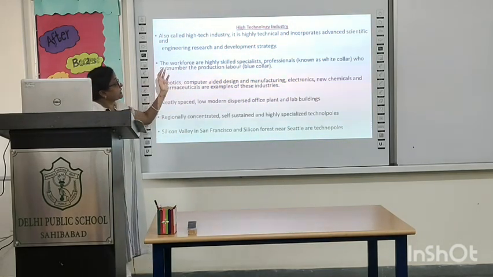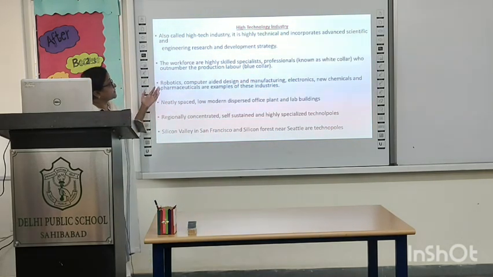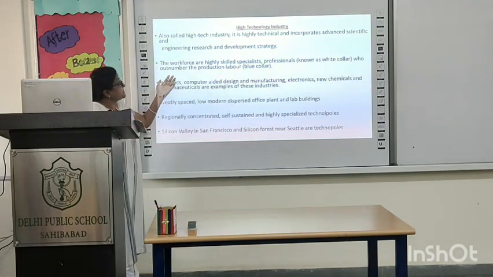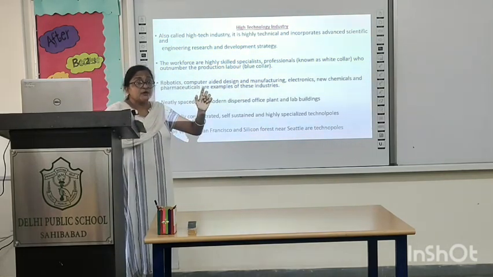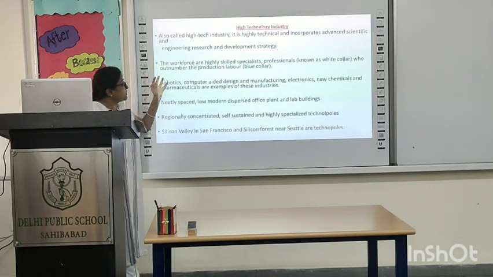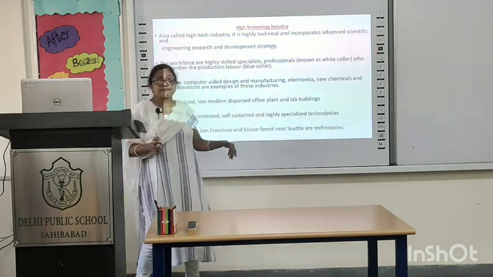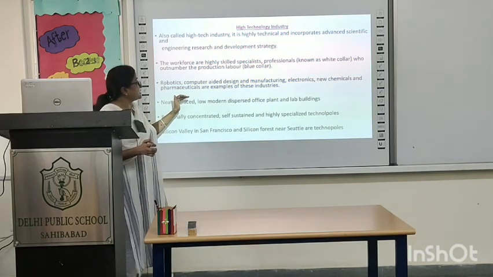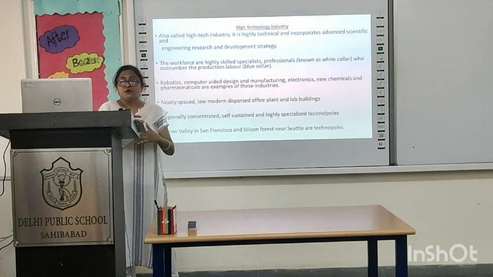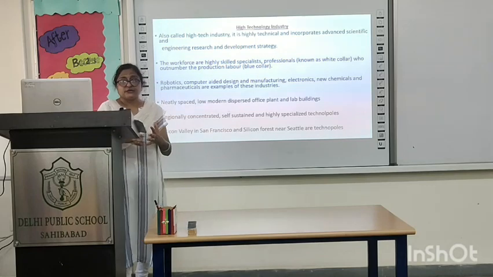The workforce are highly skilled specialists and professionals, who, as you know very well, are called white collar workers, as opposed to the blue collar workers. These industries include robotics, computer-aided design and manufacturing, electronics, new chemicals, and pharmaceuticals. They have neatly spaced, low, modern, dispersed office, plant and lab buildings.